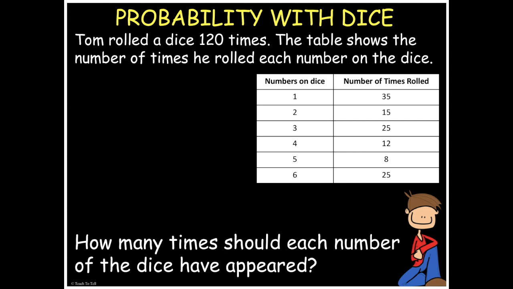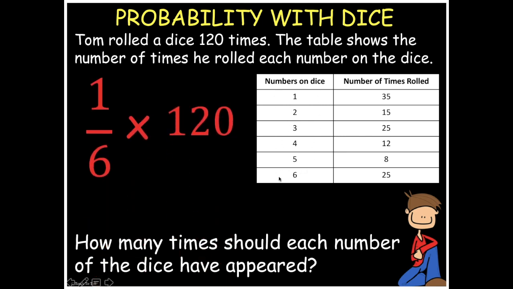So knowing that our chance is 1 out of 6, and that we rolled the dice 120 times, if we did some multiplication and multiplied our probability of rolling a number, 1 out of 6, times 120, we would find out how many times, if it was a perfect scenario, each number on the dice would show.